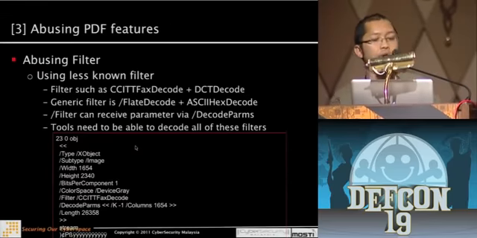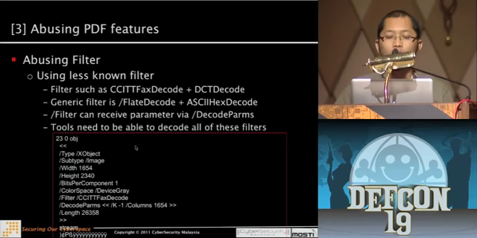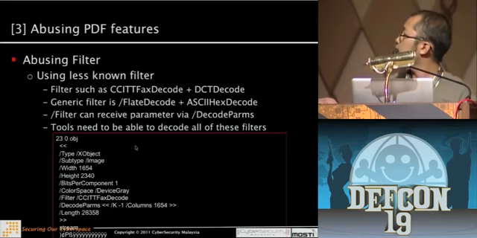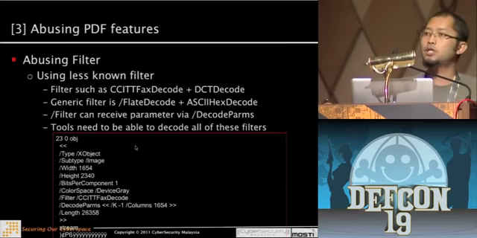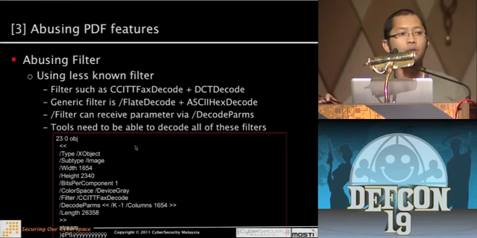Another thing that you can abuse within PDF obfuscation is the filter. The main category here I put as PDF features, and one of the normal features in PDF is the filter. The main reason for filters is basically to compress the size of the PDF, so you normally use some encoding to compress it.